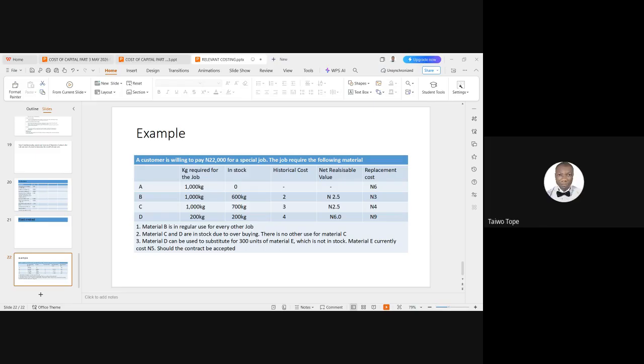Material D can be used as a substitute for material E. Now, material E, you need 300 units. But instead of going to the market to get 300 units of material E, you have material D that can be a substitute for 300 units. The question is, when you go to the market, how much will you spend to buy 300 units?